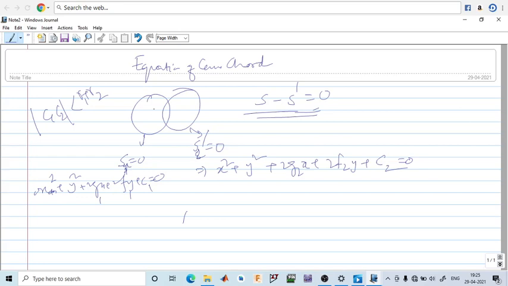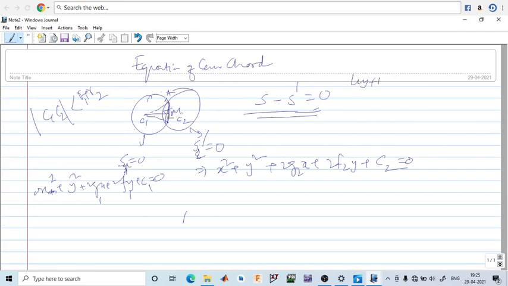Suppose this is the chord, and this is 90 degrees, this is the center C1, this is C2, and suppose this point is A. Suppose this point is M. The length of the chord will be 2AM, because these two lengths are equal.